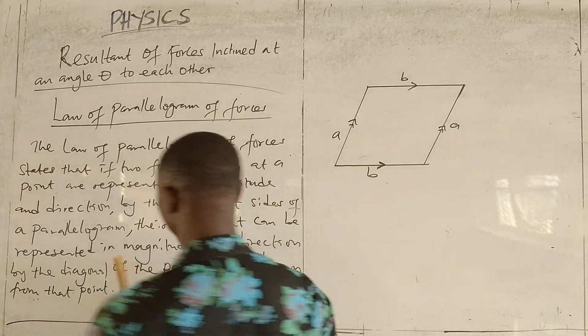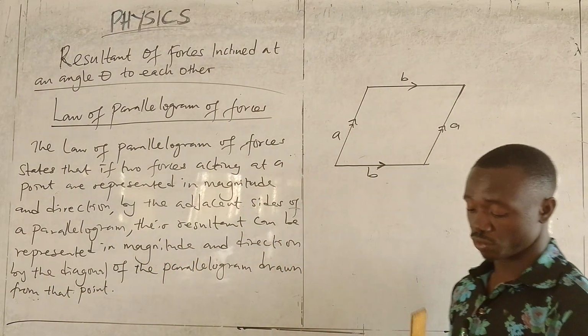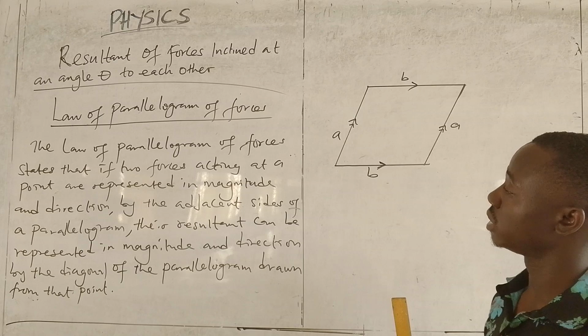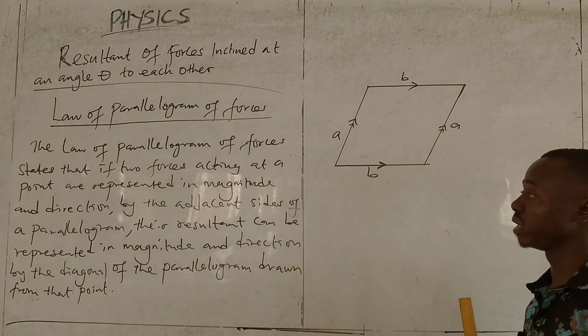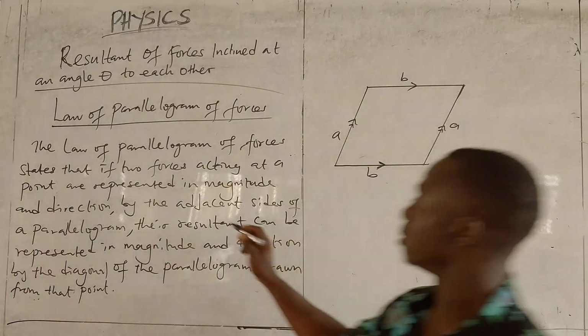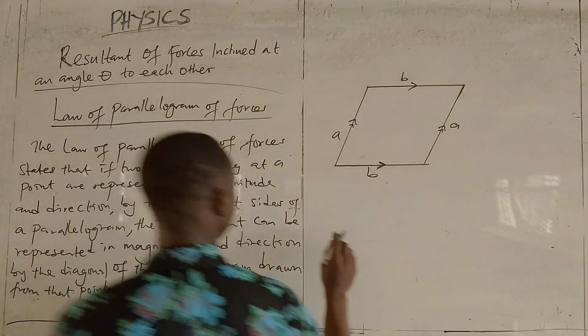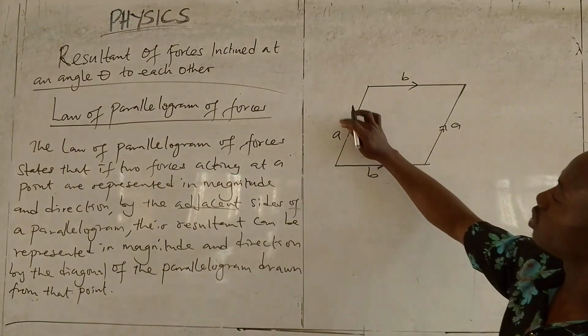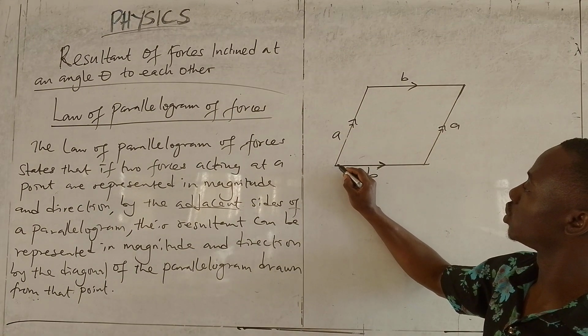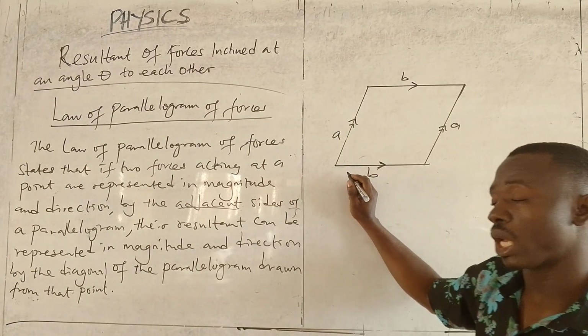Now, according to the law of parallelogram of forces, it says if two forces acting at a point are represented in magnitude and direction by the adjacent sides of a parallelogram, adjacent sides. Now, what do we mean by adjacent sides? Any two sides that touch each other are adjacent sides.